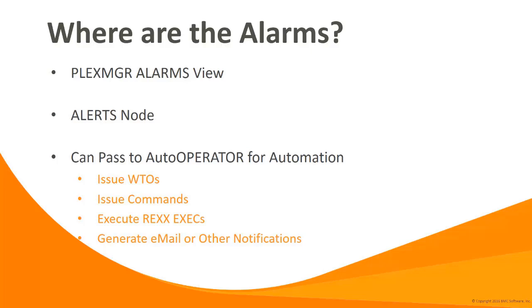You can issue commands. You can execute REXX execs. You can generate email or some other types of notifications. Whatever you can do with your automation tool, you can have that triggered by an alarm. So nothing special with MainView Alarm Manager there, other than we can feed the exceptions, and of course, we pass a whole bunch of data rather than just the value that the exception was raised for.